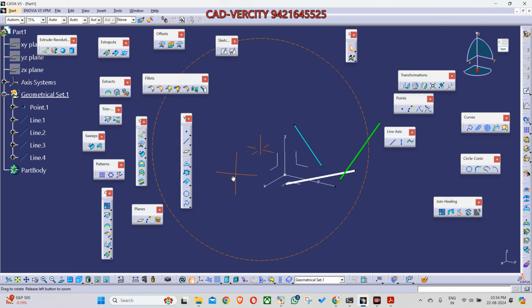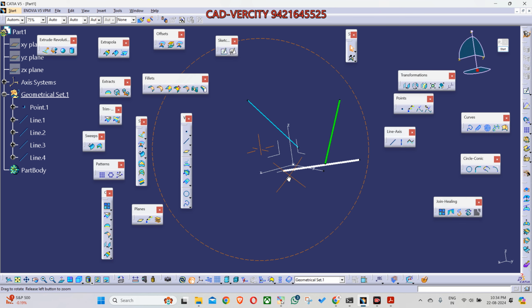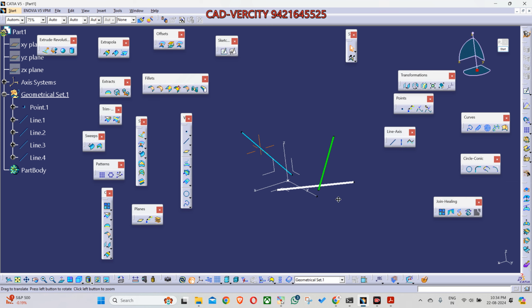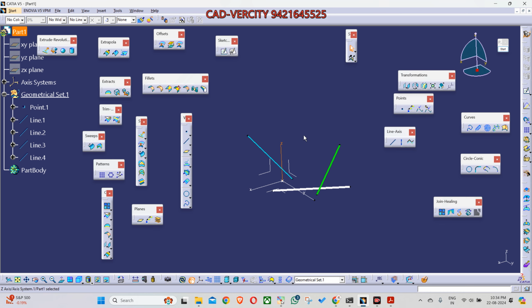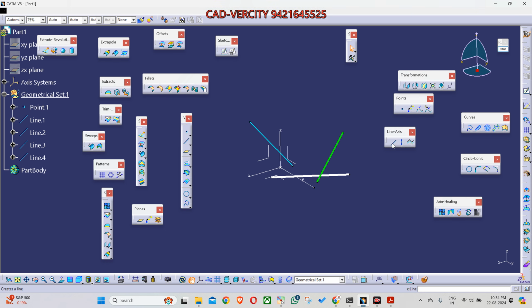Awesome. Clear everyone? Any doubt? Can we use axis system as a curve? Yes or no? Yes, sir. Okay, can we use a straight line as a curve input? Yes, sir, we can.